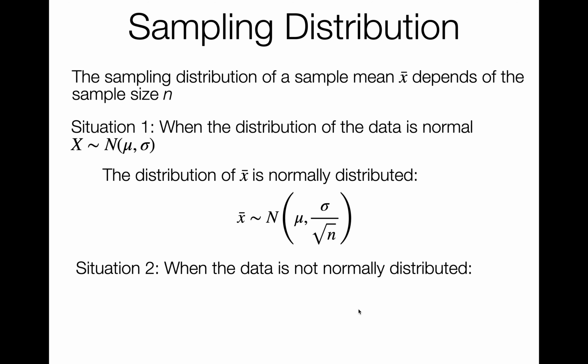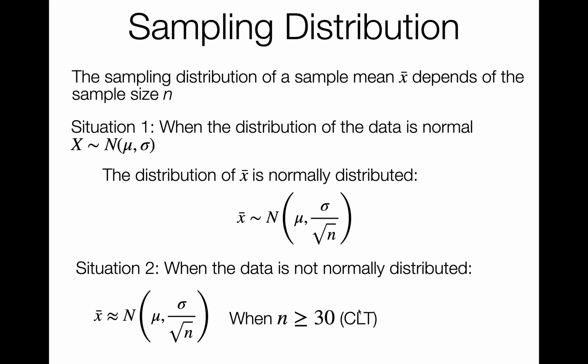If we don't know what the distribution of the data is, or when the data is not normally distributed, then we have that x bar is approximately normal with a mean of mu and standard deviation of sigma over the square root of n. You may say, well, that's the same thing, and that's true, but the second one is approximately normal. The first one is normal.